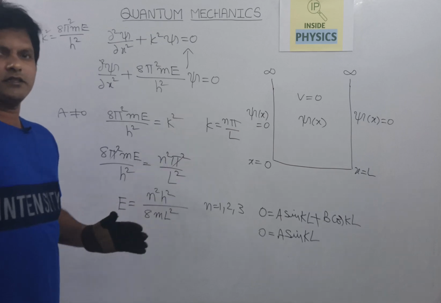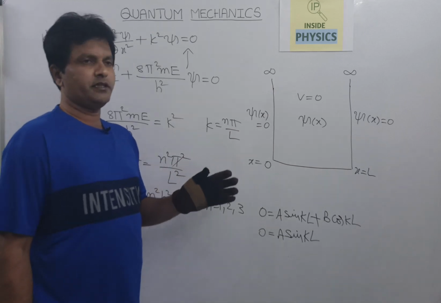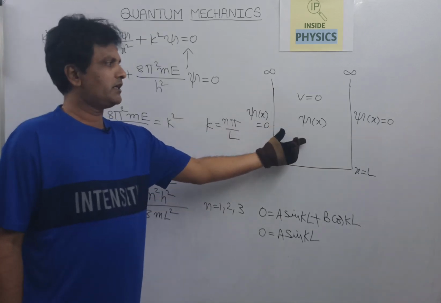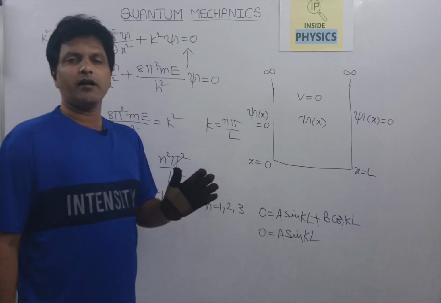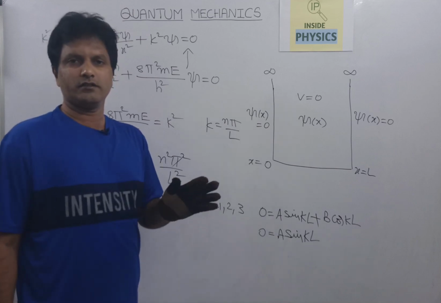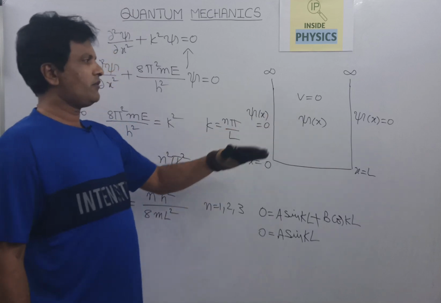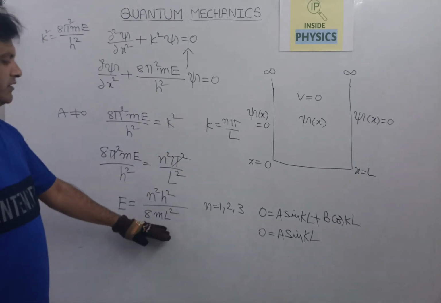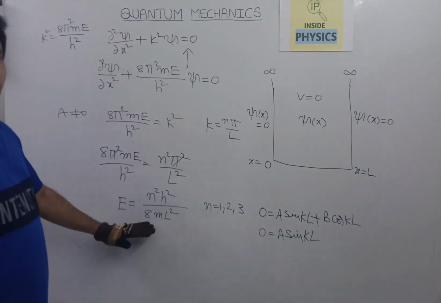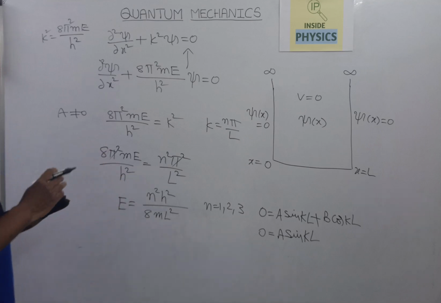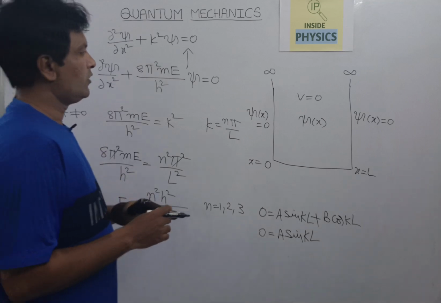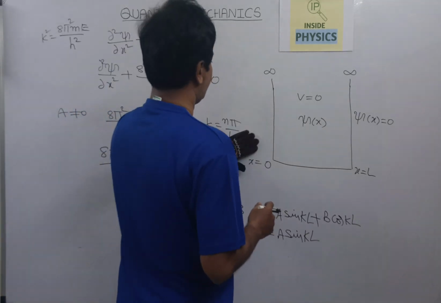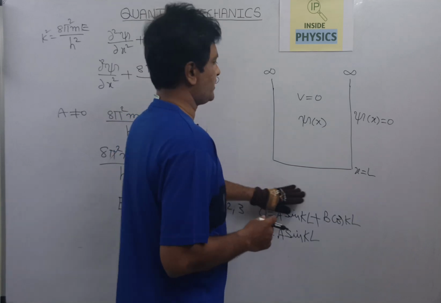What is quantization? Quantization means the particle inside the potential well cannot have all the energy levels. It can only have the prescribed, that means the discrete, energy levels, which can be evaluated with this formula. So how does the potential well look when the energy levels are represented?